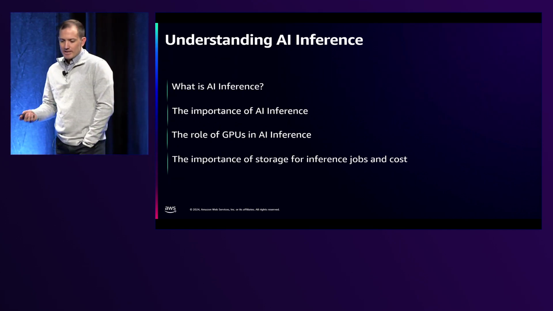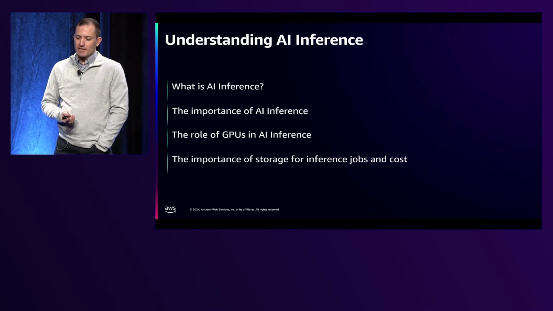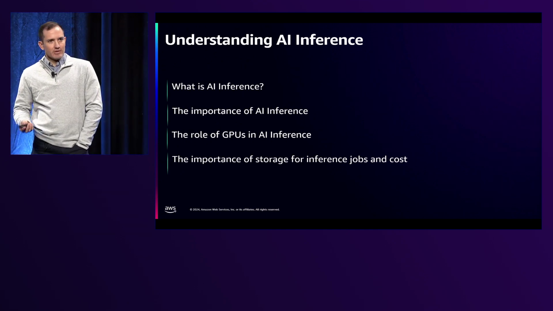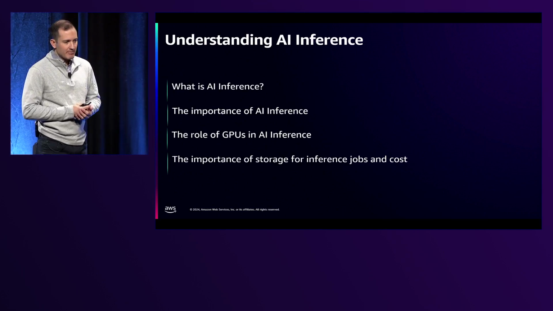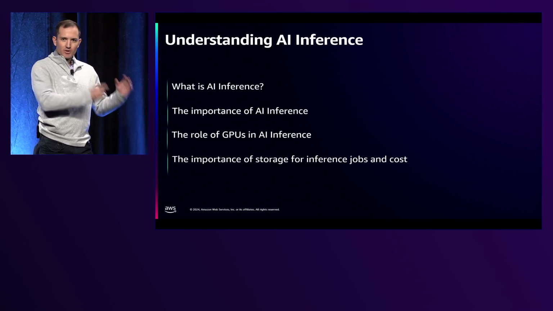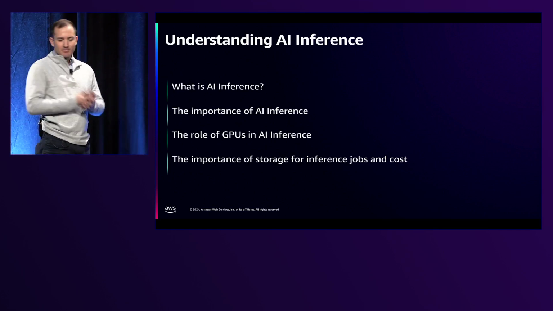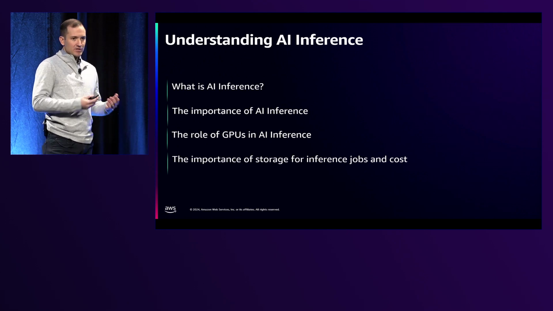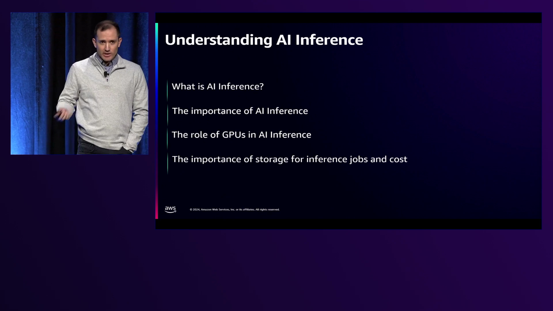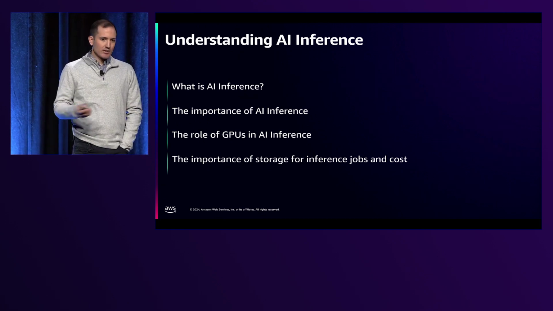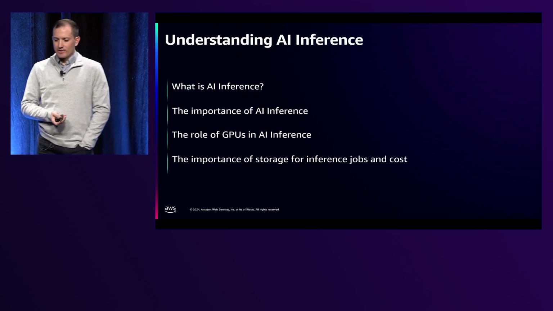It's a critical aspect, and there's also a critical aspect of where does storage come into the equation, right? When we think about your interactions with like a chatbot, you want to ask your question and you want an immediate response. So you need to make sure that you're using efficient storage solutions to make sure that your inference jobs are running quickly and you're getting the data in and out quickly for your users.